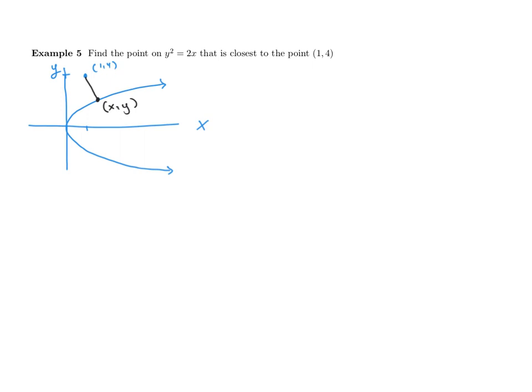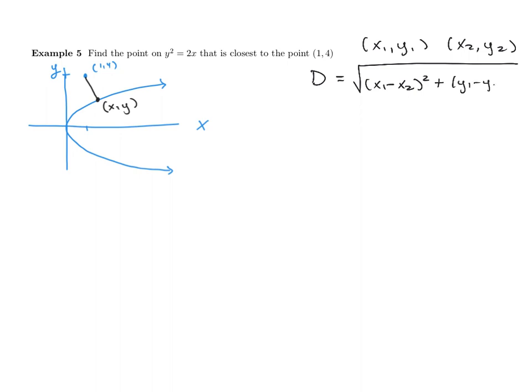I think what we need to use is the distance formula. And the distance formula says that if you have 2 points, x1, y1, and x2, y2, the distance, which I'll call capital D, between them is, you take the difference of the two x values and square it, and you do the same thing for the y values and square it. If you do that, it'll tell you the distance between these 2 points.